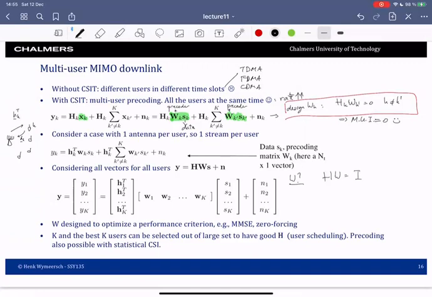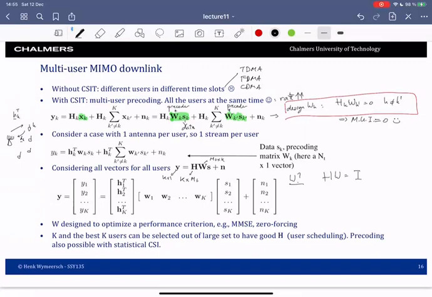Now it depends on the size of all these matrices, so let's try to do this exercise. If there are K users, this is K by 1. H will be K by the number of transmit antennas, and this will be M_T by K.